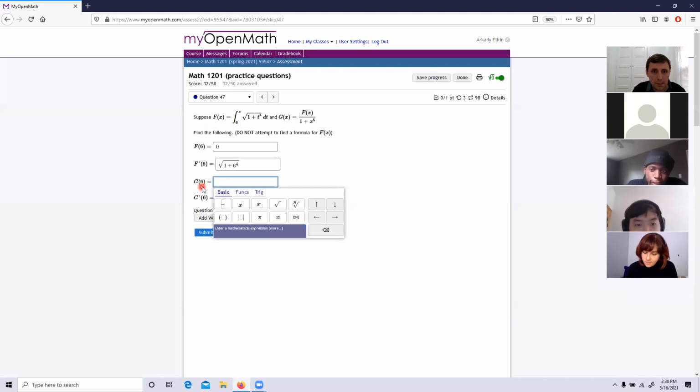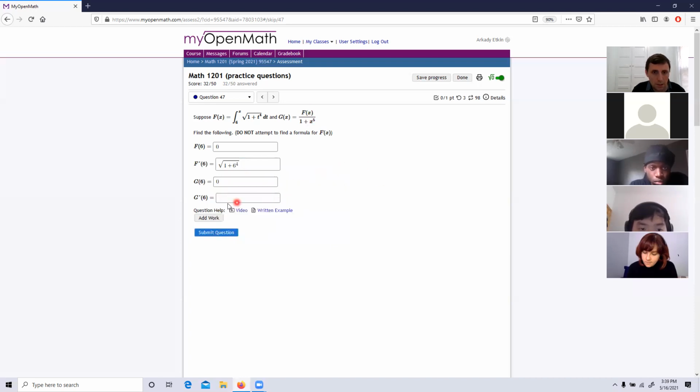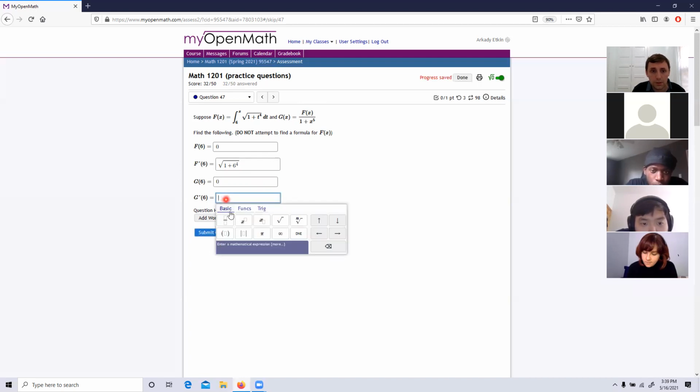Here at 6, g of 6, this would be, again, this function at 6 is 0, so it's 0. G prime of 6 is just chain rule, sorry, product rule, right? So it's this over that. Not particularly exciting to do it. So it would be as follows, right?